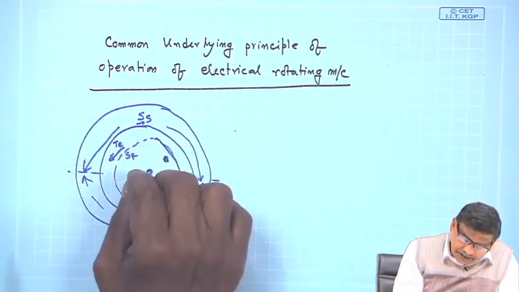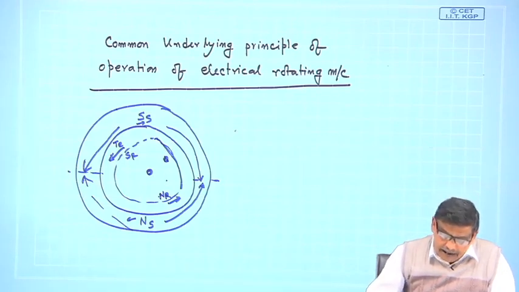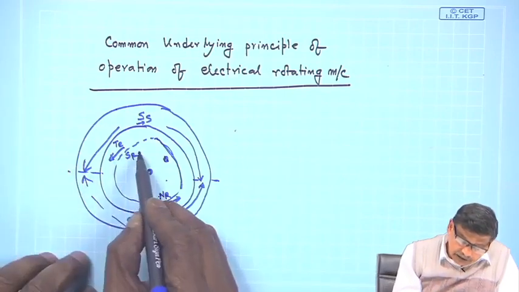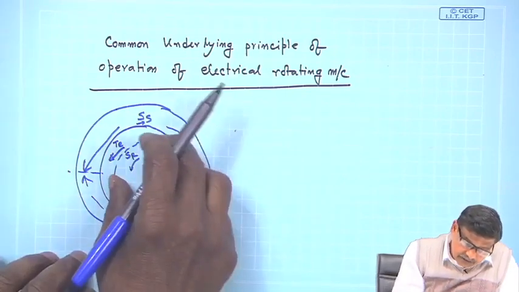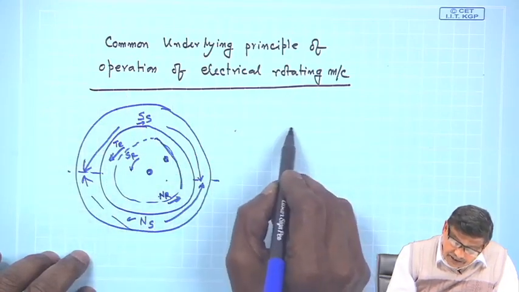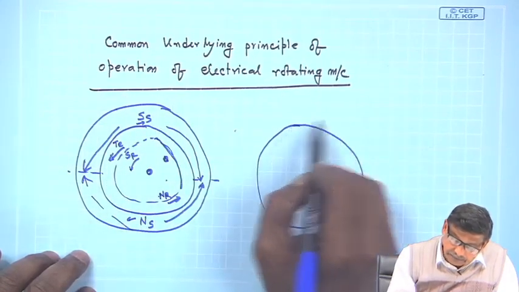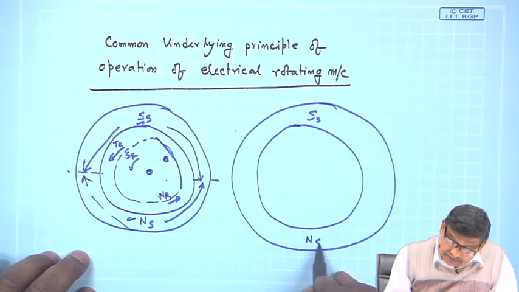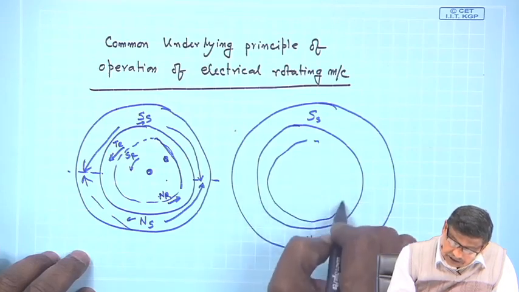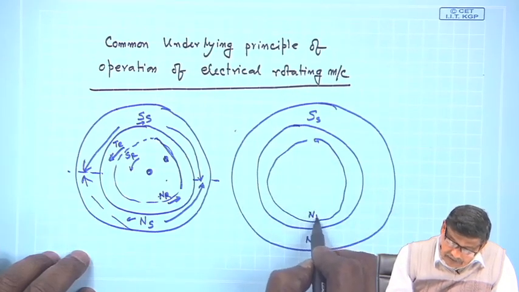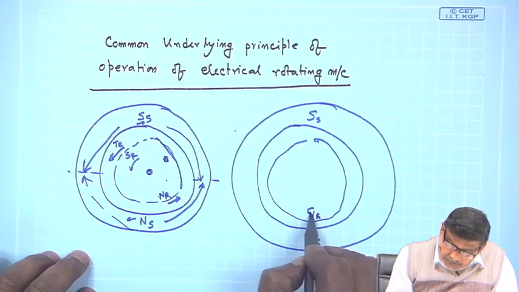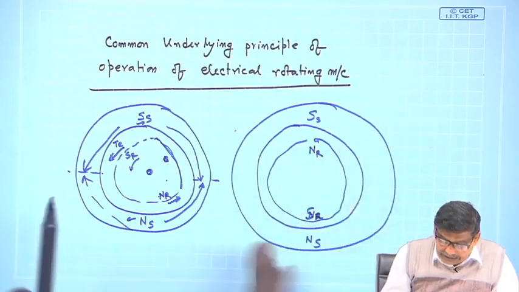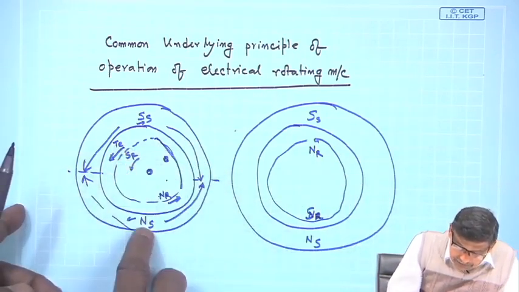Now what I do, I release my hand and the rotor is now allowed to move. What will happen? Rotor will start moving in this direction, it will go like this. This is SS, this is NS, and the rotor will come in this position: SR will come here and NR will go there, and when they are aligned, as it is moving, SR is coming under NS.